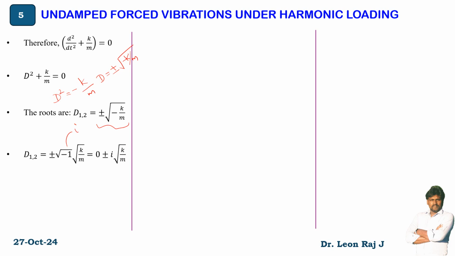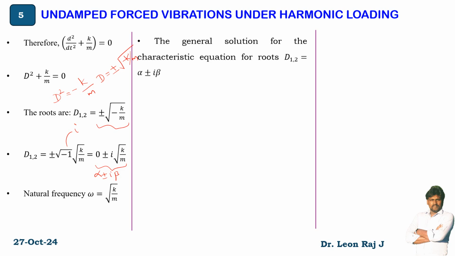So your d1 and d2 can be rewritten as 0 plus or minus i square root of k by m. So this is nothing but alpha plus or minus i beta. So your natural omega is nothing but the natural frequency.